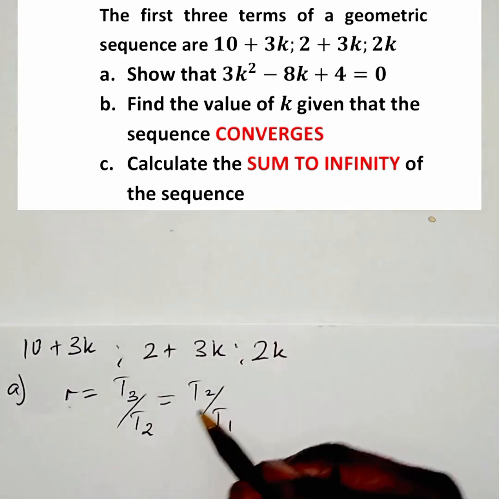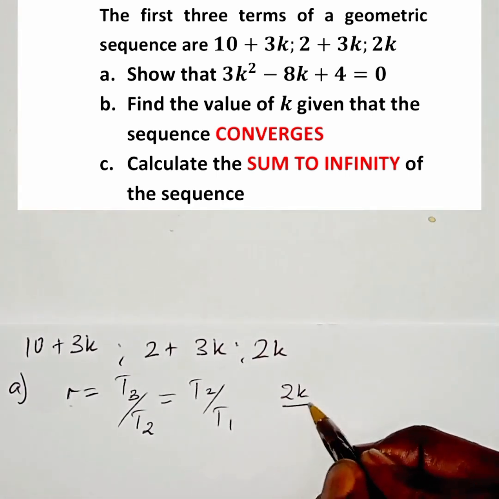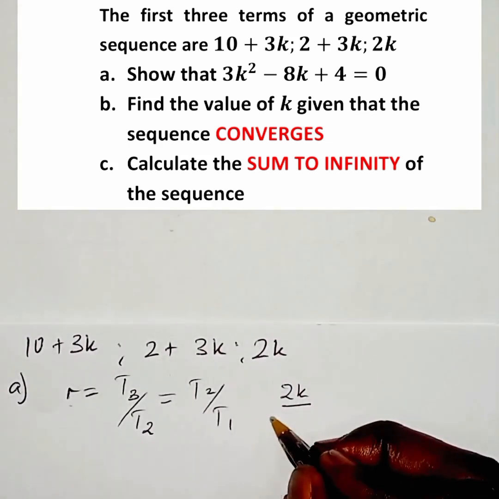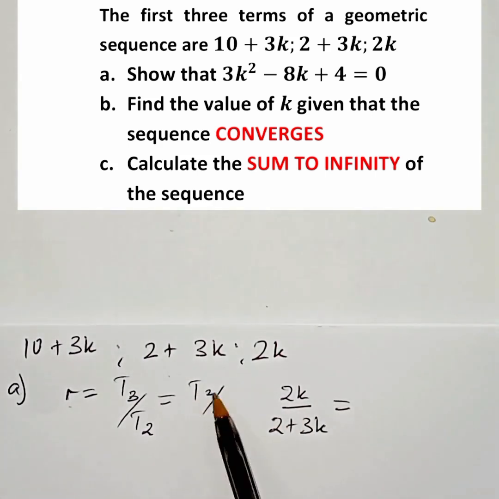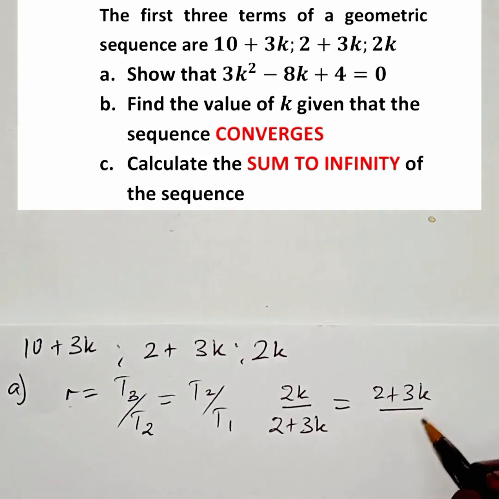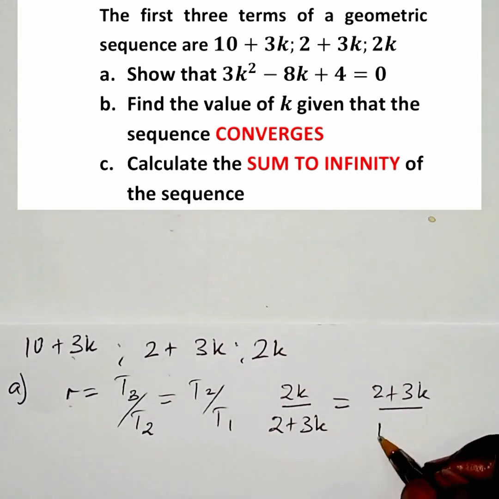So we're going to say now T3 is 2k divided by T2, that's 2 plus 3k, is equal to T2, which is that one, 2 plus 3k divided by T1, which is 10 plus 3k.